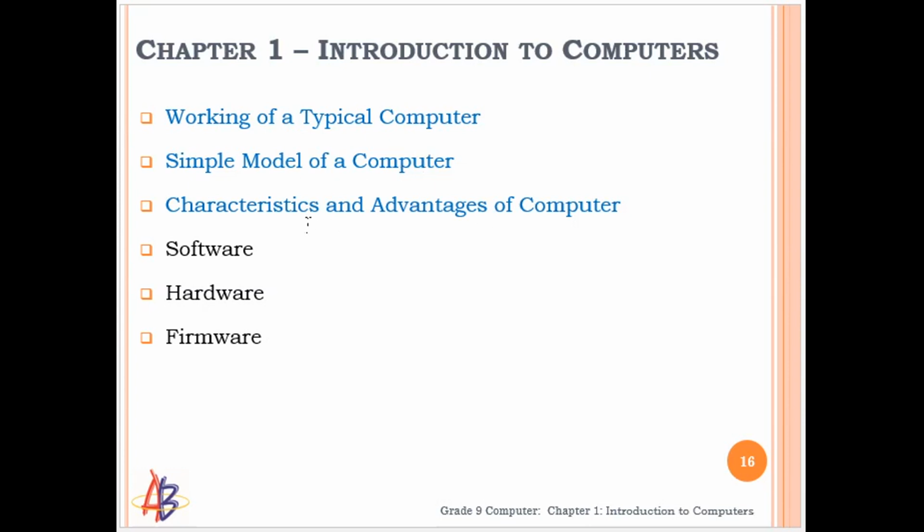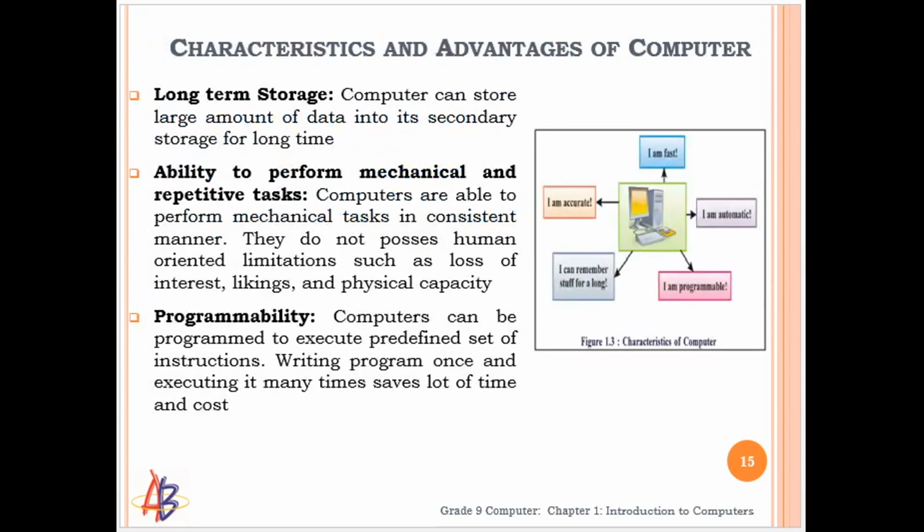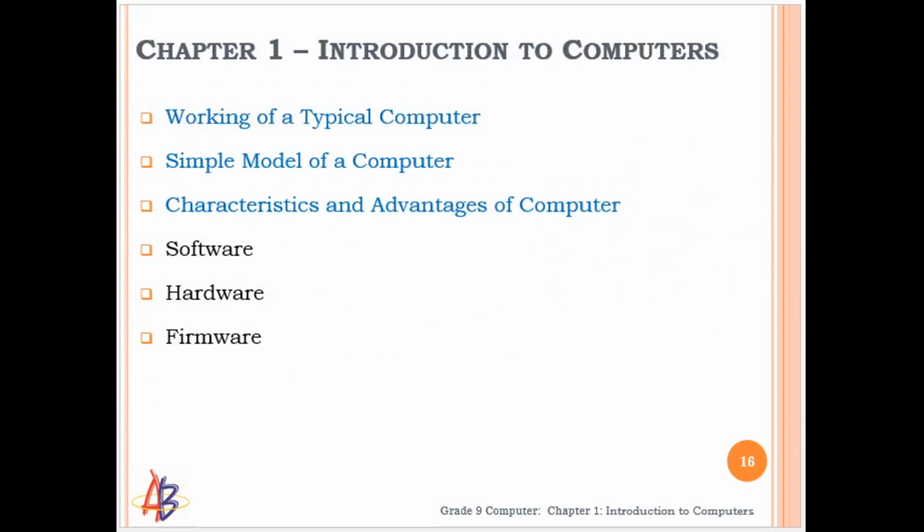In characteristics, accuracy and automation, long term storage, ability to perform mechanical and repetitive tasks, and programmability. So we have completed our three topics.